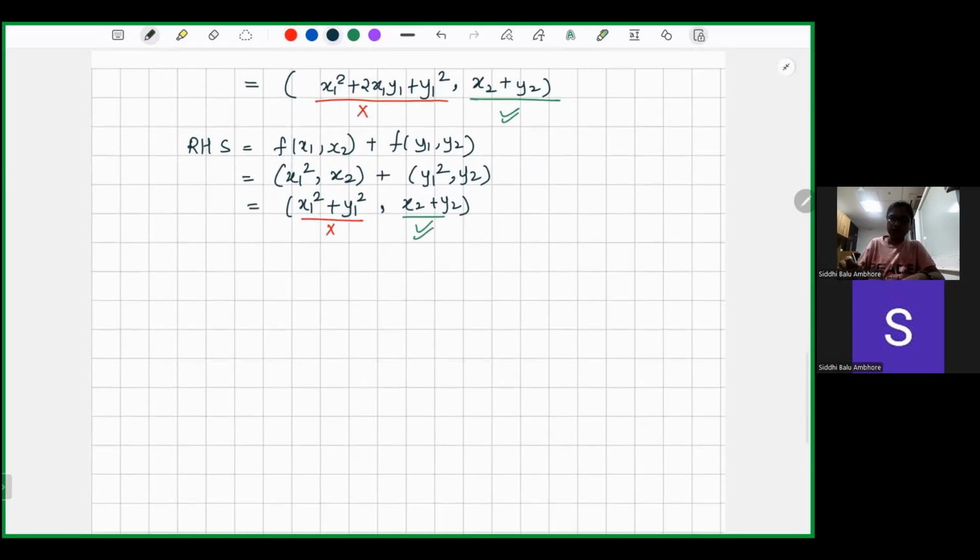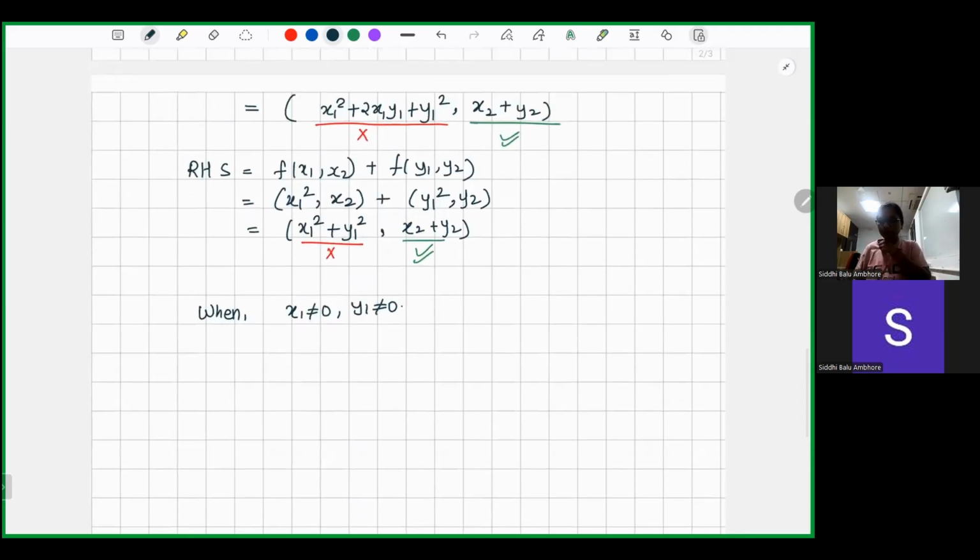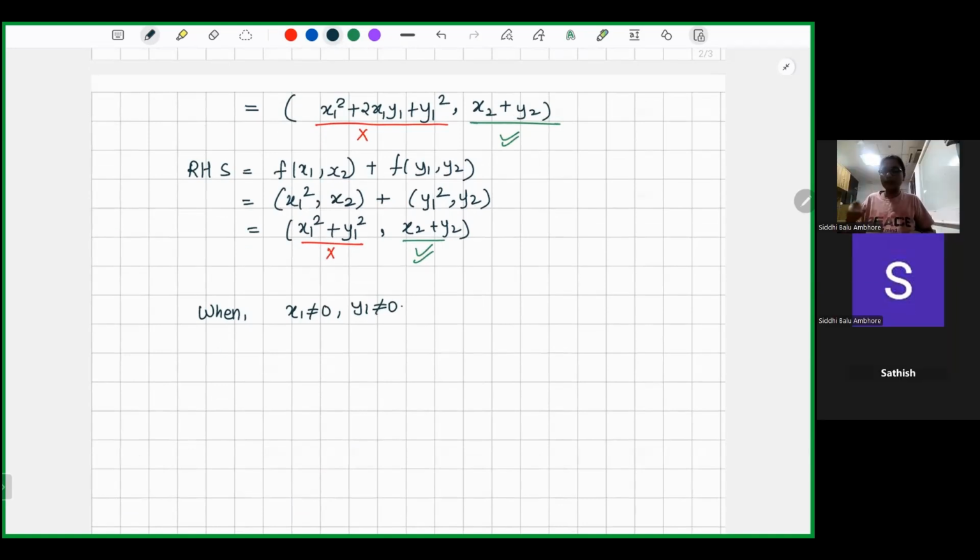So when x1 is non-zero and y1 is non-zero, if x1 and y1 both are non-zero, then this 2 x1 y1 will be non-zero.